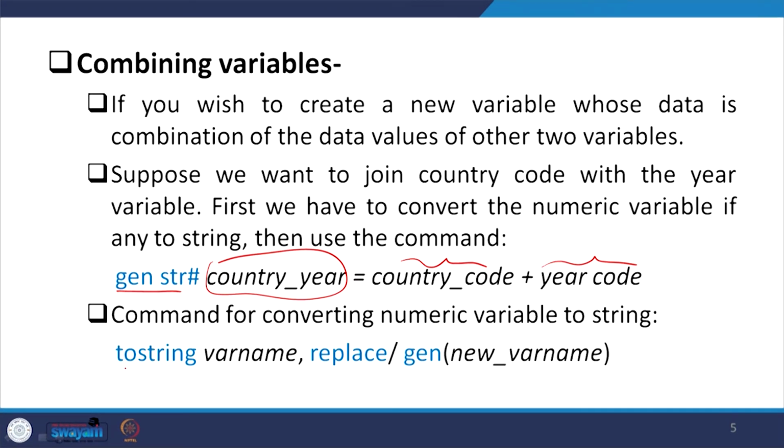The right command is the tostring command. In our easy understanding, country code should be in string. Year is a numeric number. If they have already given it in string, then you need not change it. You need to check whether they are in string or not by clicking browse.